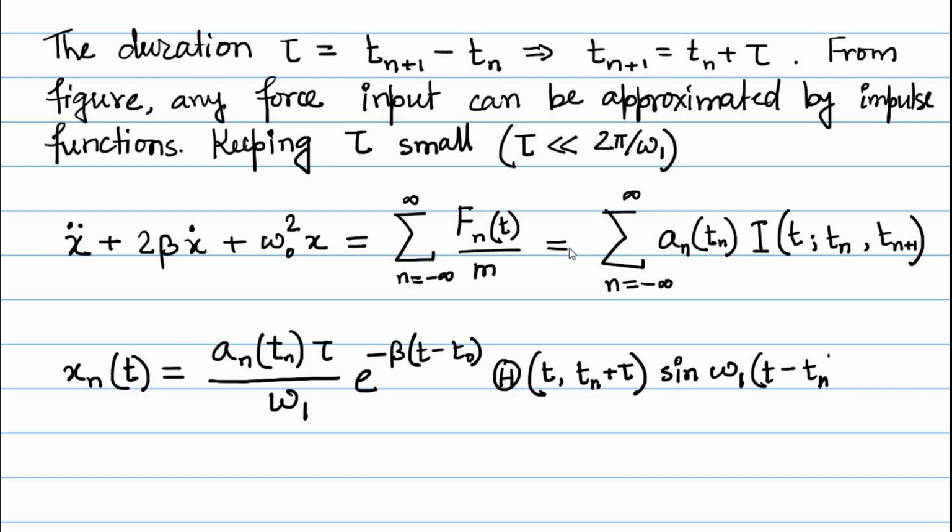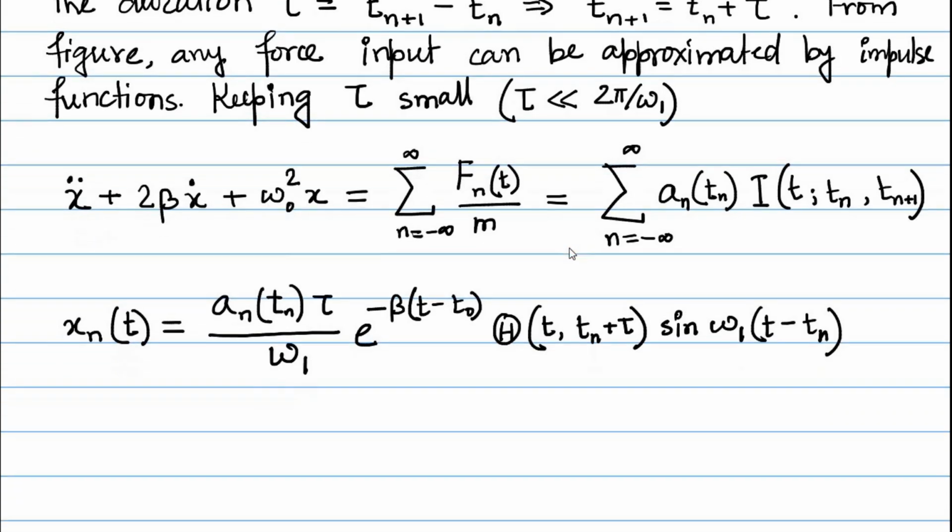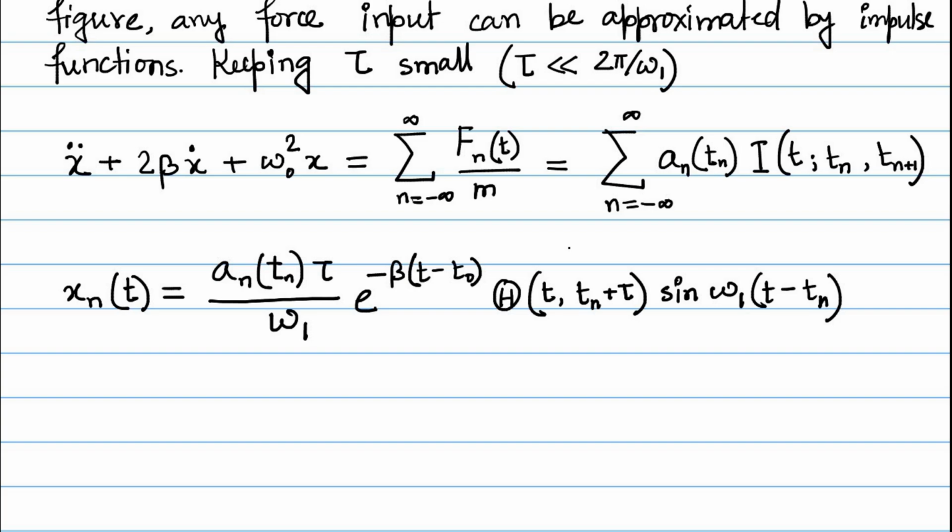Let's close the bracket. So that is the solution for the nth impulse, and in order to find out the solution at any time due to all the impulses, let me write that with some other color. All you'll have to do is to take a sum, and take it over all of these solutions.